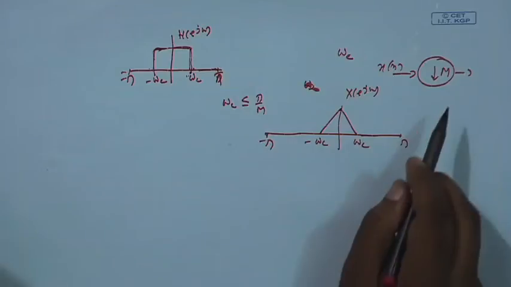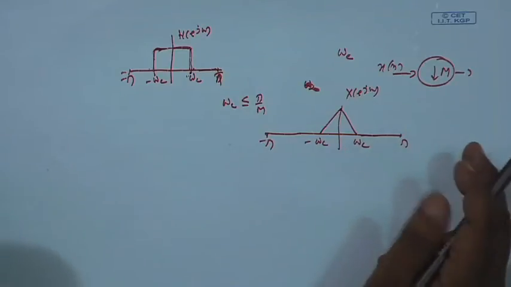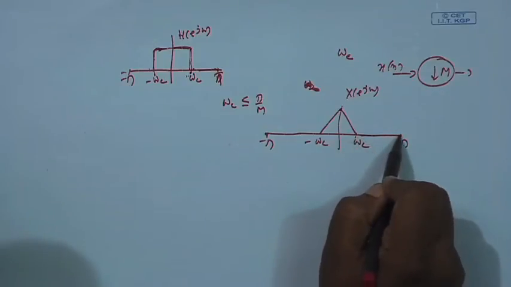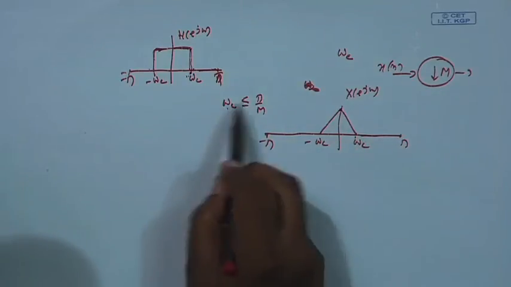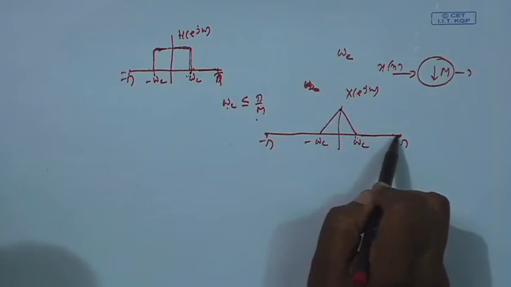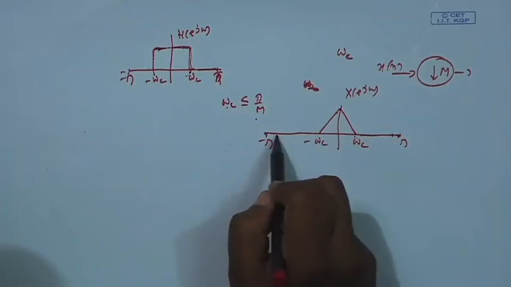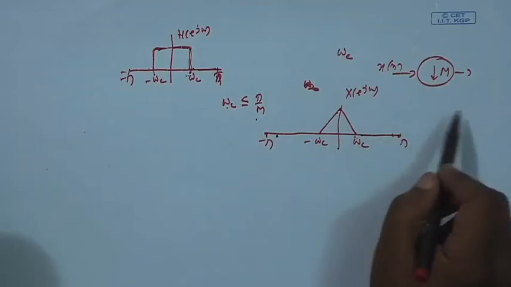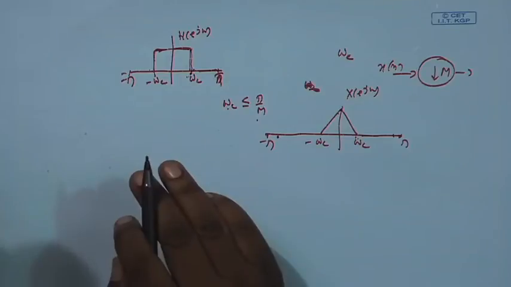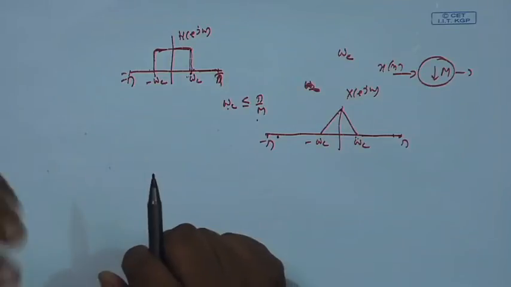If you decimate it, the output DTFT, we all know the formula, has this omega c expanded. If it is exactly equal to pi by M, it will go to pi; otherwise it will stay near pi and minus pi. On the right hand side also you will have a copy like this, but there will be no aliasing.